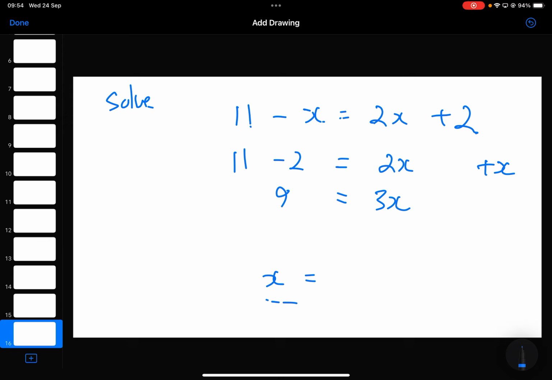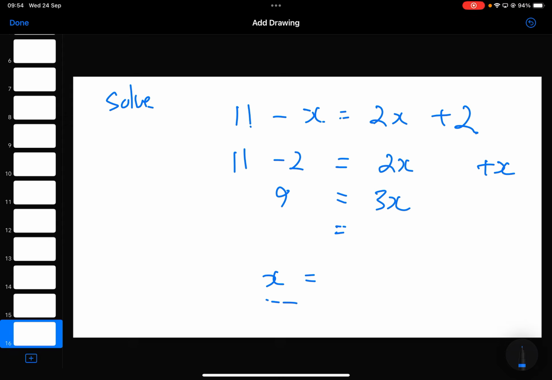Until now, you can either switch them, left switch to right, right switch to left, or you can first do your division, also can. Now I have 3x, but I know finally I want 1x. So 3x, how to become 1x? Divide by 3. If I divide 3x by 3, I will have 1x.